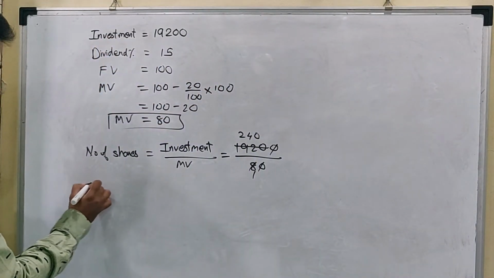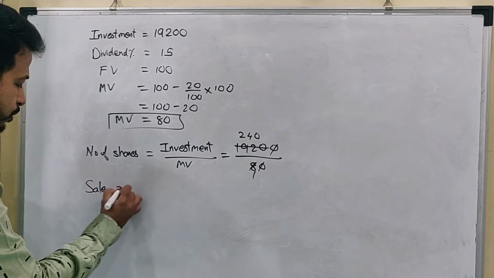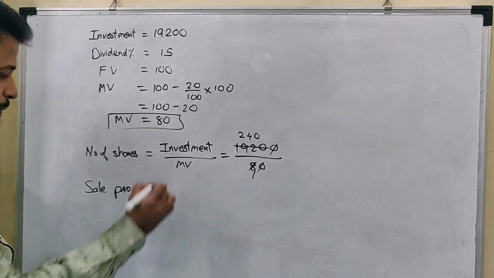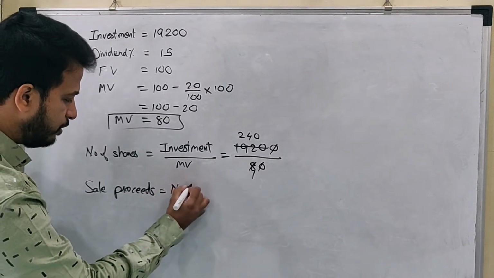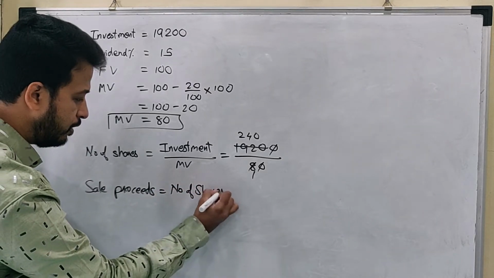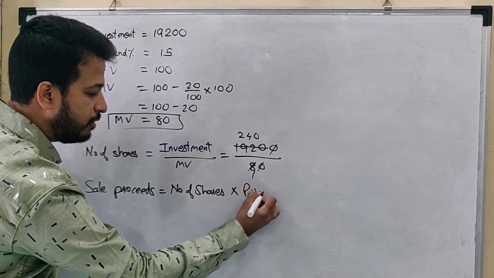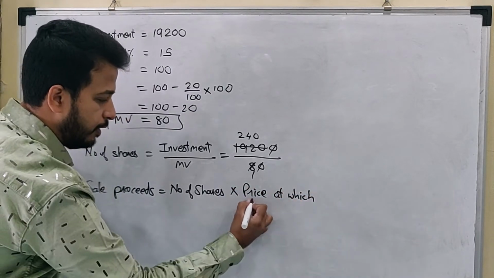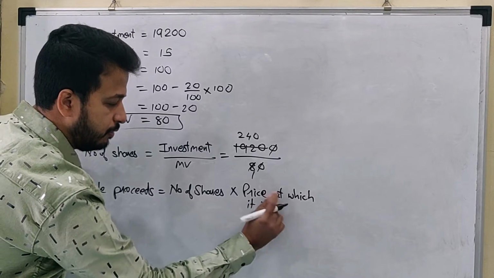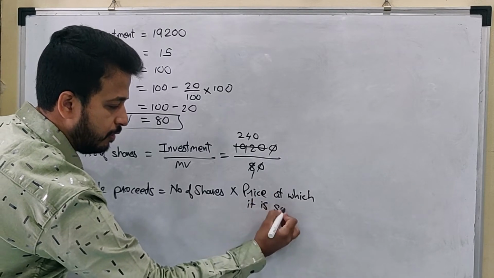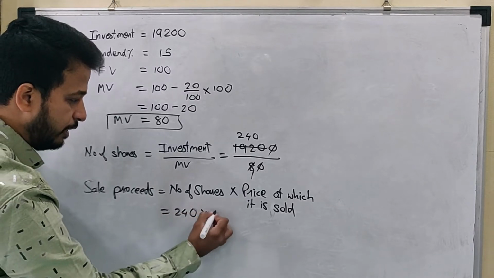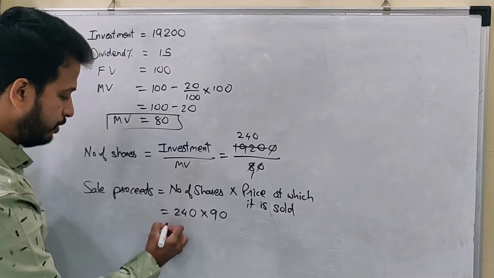You are going to find the sale proceeds, which will be number of shares into the price at which it is sold. The 240 shares she had into 90 rupees.